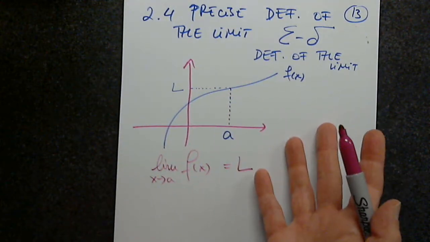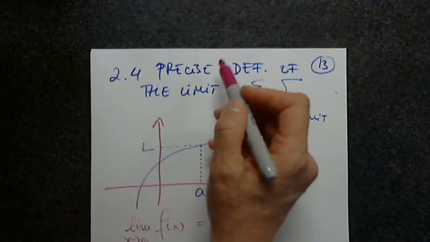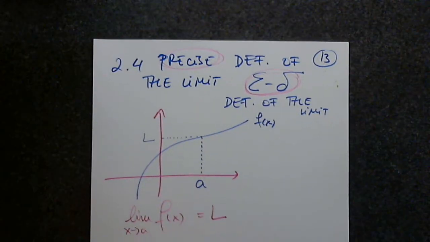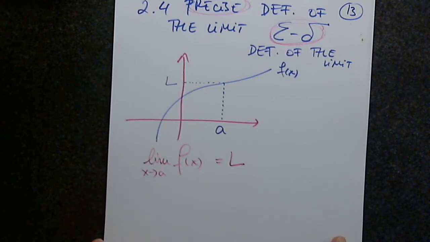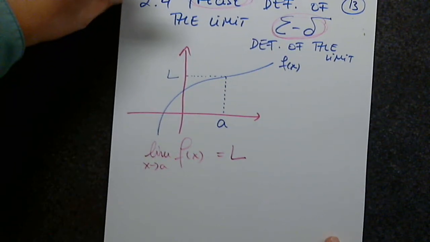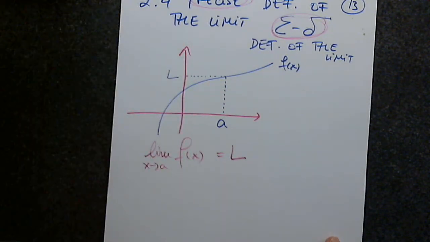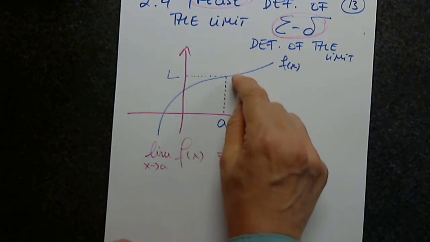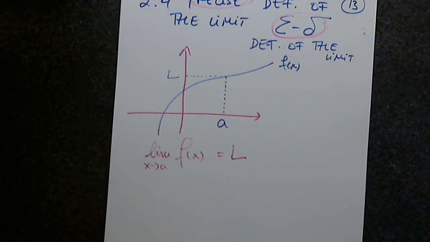Obviously, this is all clear. What does this mean, the precise definition in epsilon delta? This is really based on understanding when the limit exists, when it doesn't exist, and really imagining that you are zooming in. So imagine that you're zooming in and zooming in and zooming in.